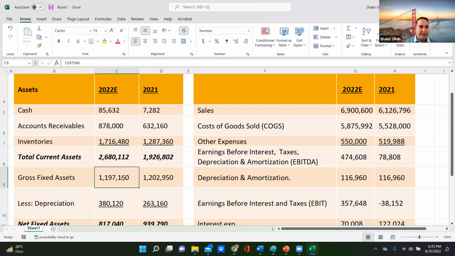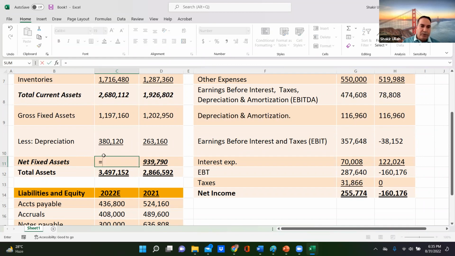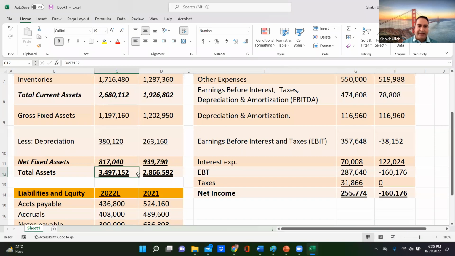Similarly, we have got gross fixed assets and we got depreciation. So in order to get the net fixed assets value, we write equal, we take the gross fixed asset value minus the accumulated depreciation, which is 380,120. We press the enter button and we get the net fixed assets value.